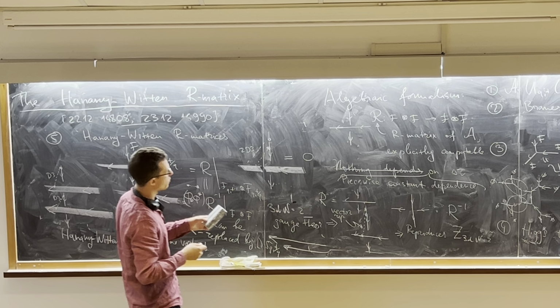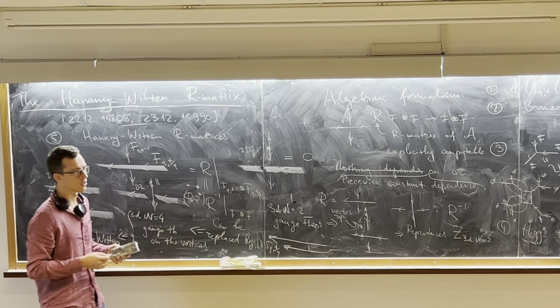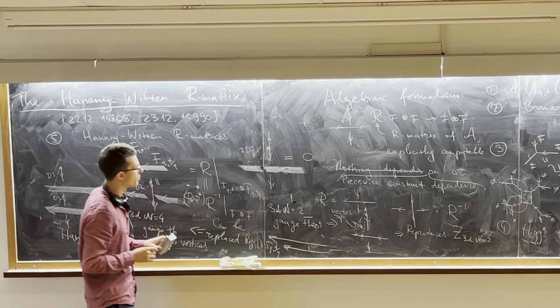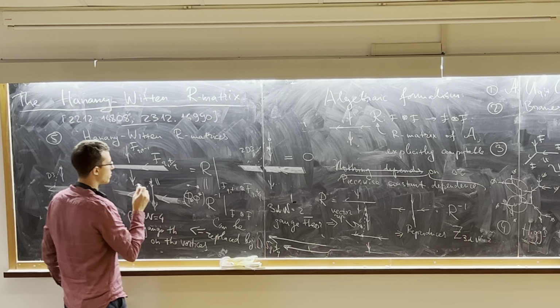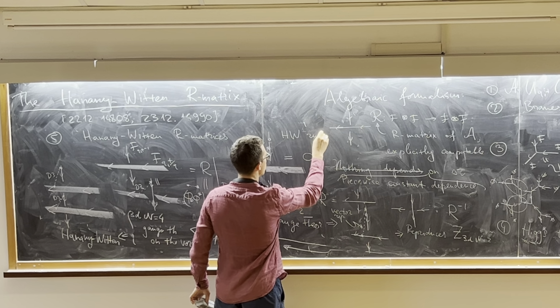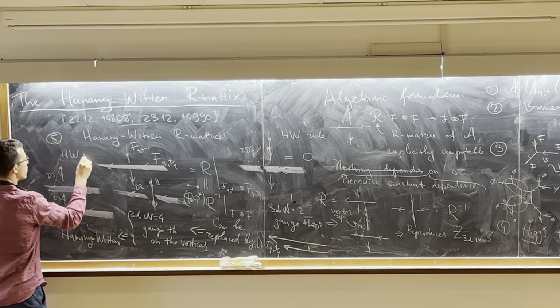Or in other words, the corresponding intertwining operator turns out to be non-existent. There is no operator like this. So the Hanany-Witten rule and Hanany-Witten move are satisfied. This is usually called the Hanany-Witten rule, and this is the Hanany-Witten move.